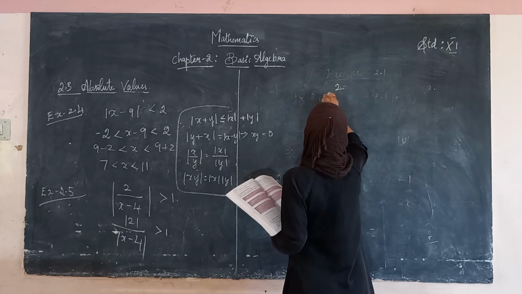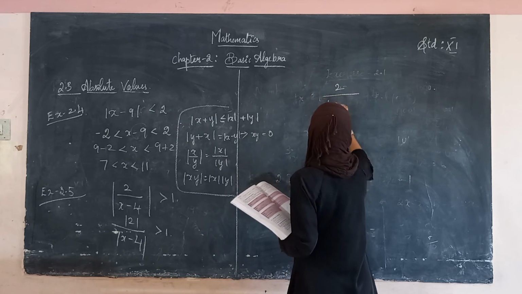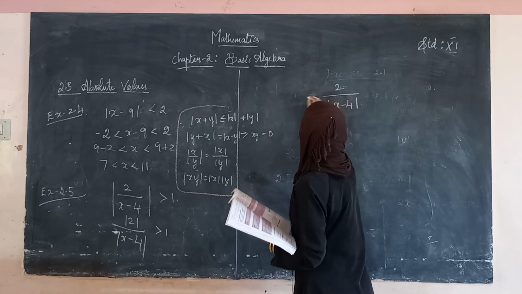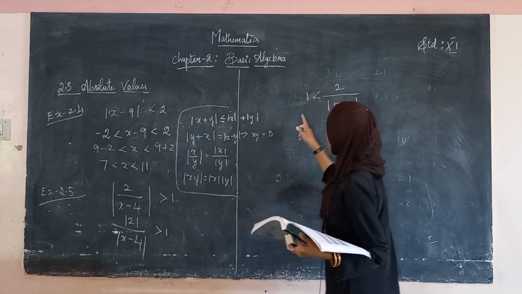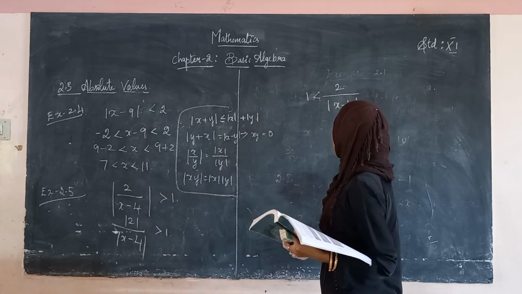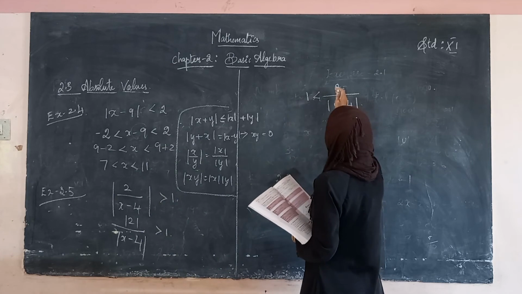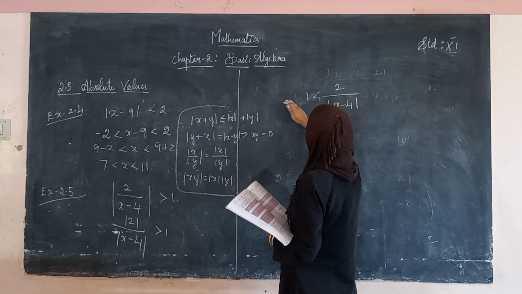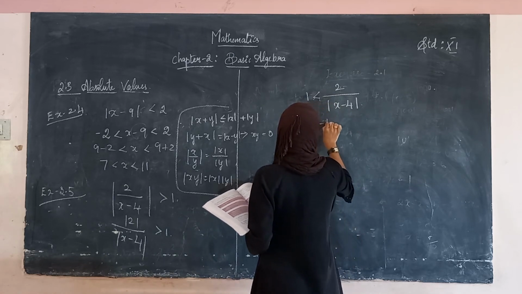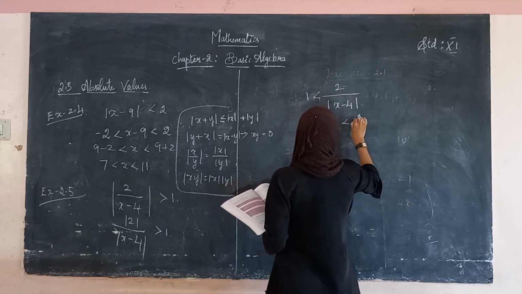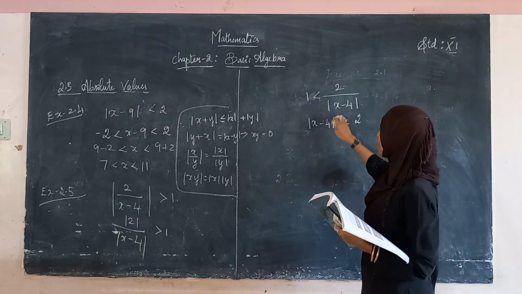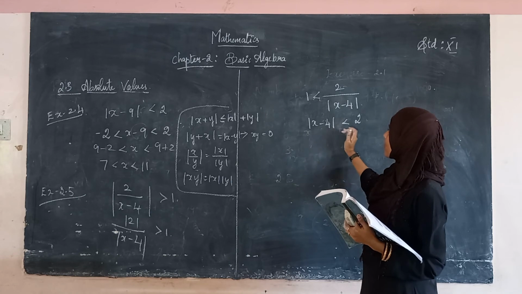It becomes 2 divided by modulus of x minus 4, which is greater than 1, means this can be written like this, right? 1 is less than 2 divided by something. Okay, now bring this modulus this side and bring this 1 this side. What happens? Modulus of x minus 4 is less than 2.